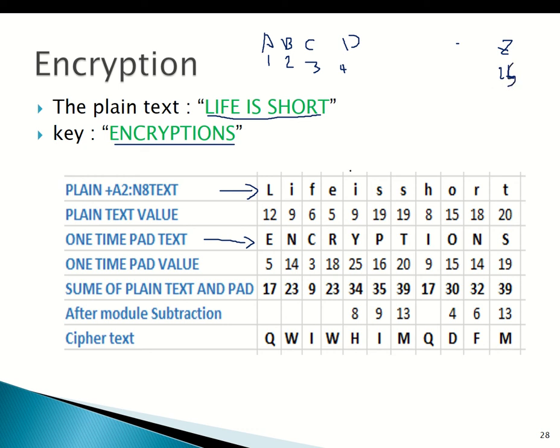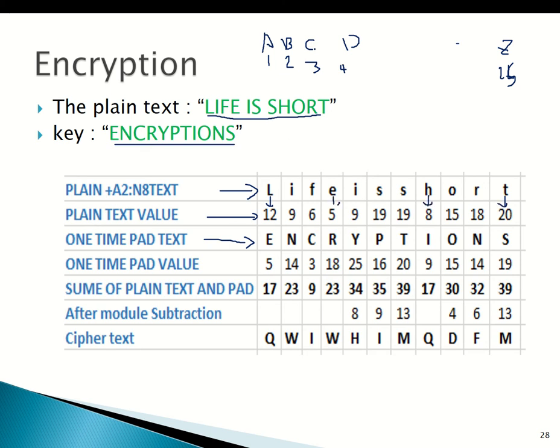So the order of L is 12, the order of Y is 9. We put it in the second row, and this is the position of the letter in alphabetical order. T is number 20, H is number 8, E is number 5.